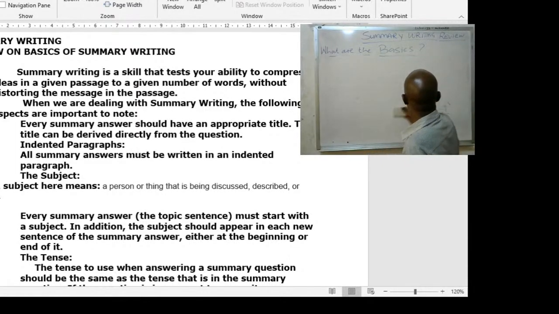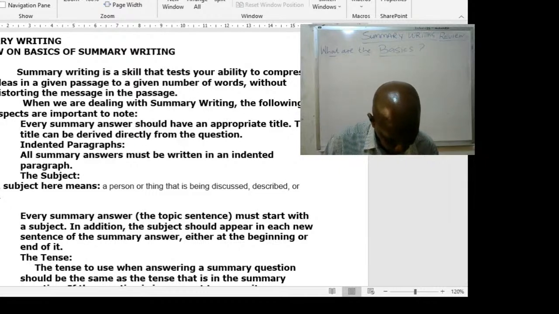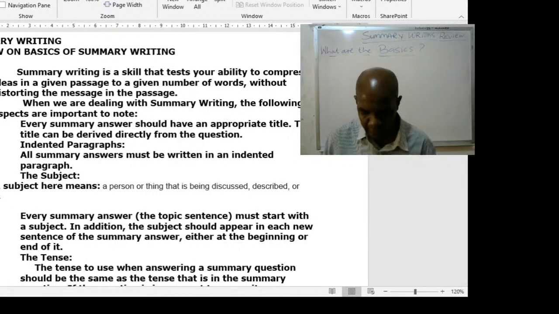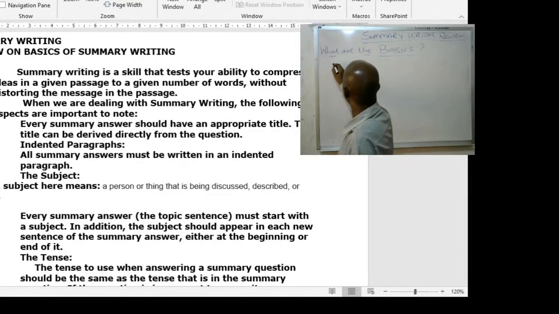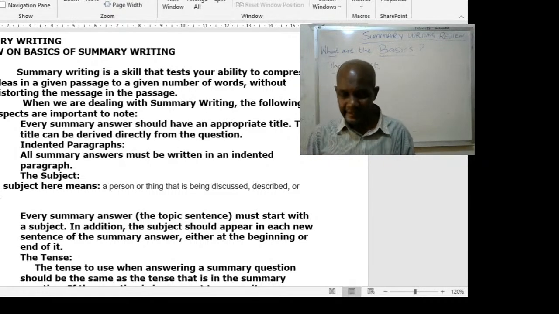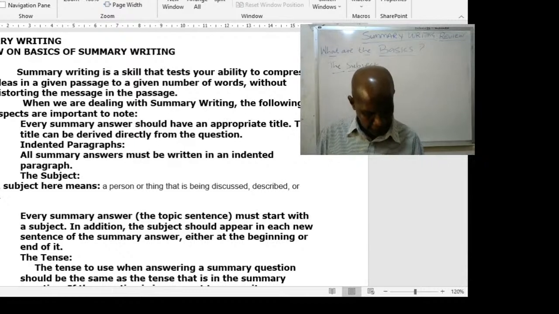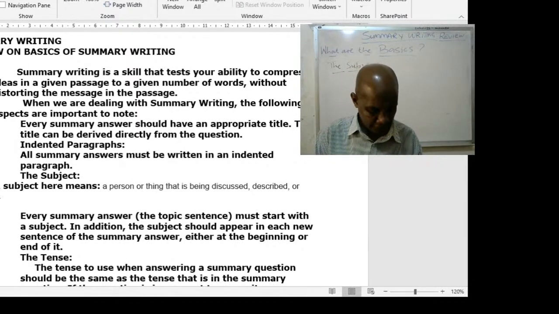Thirdly, the other basic, which we should not forget, is what we call the subject. Many people get confused. They do not seem to know what a subject is. A subject, in summary, we're not looking at a subject like history, geography, chemistry, physics, name it.